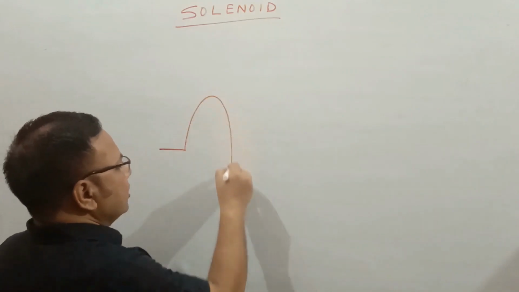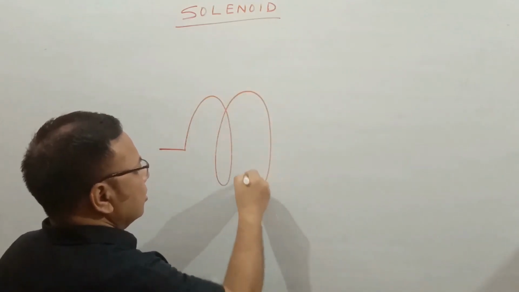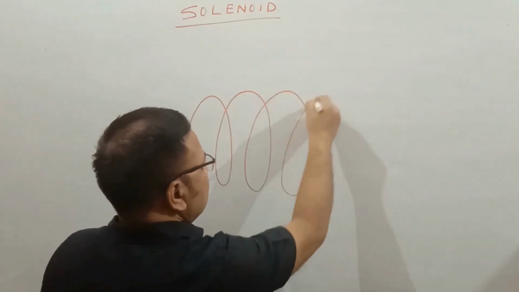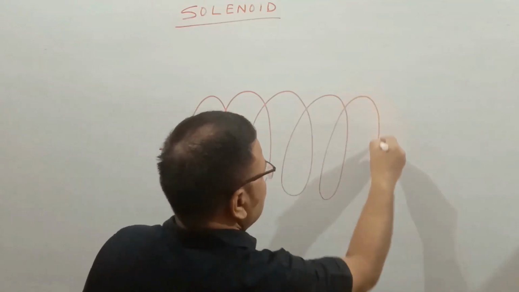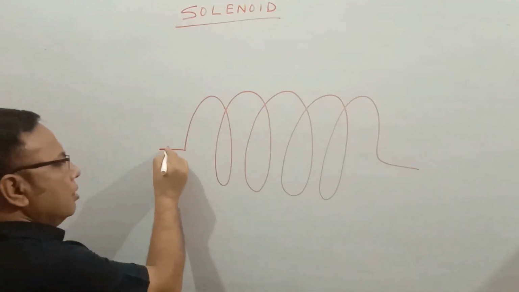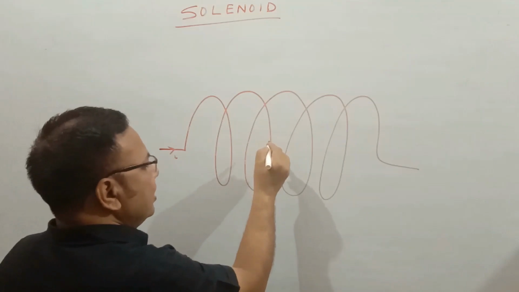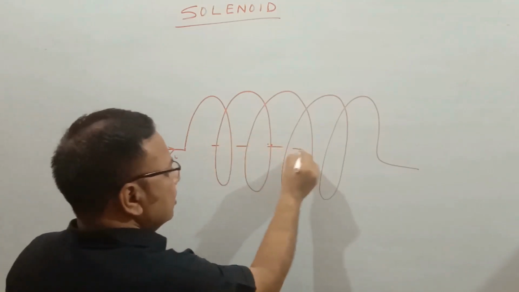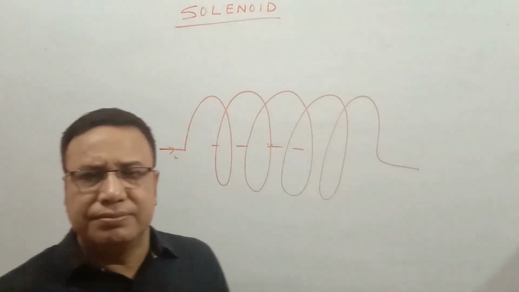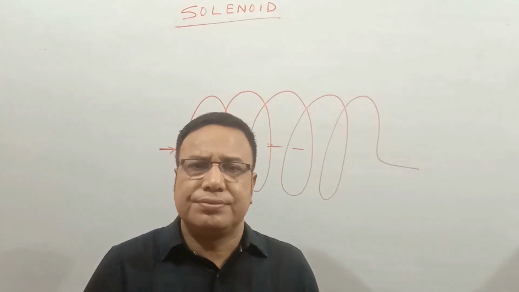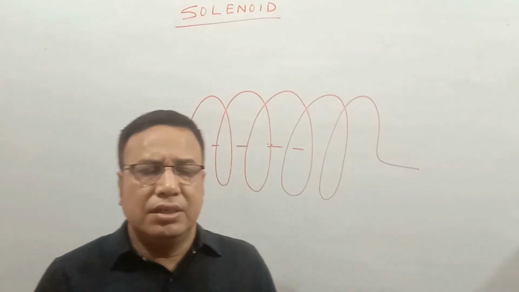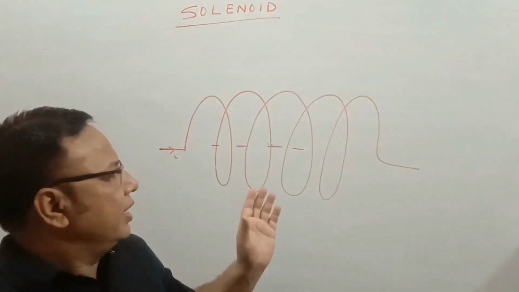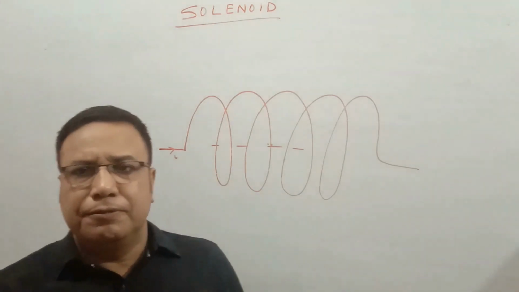Solenoid is somewhat like this. Well within the solenoid we have to find out the value of magnetic field. So let us define the solenoid first.